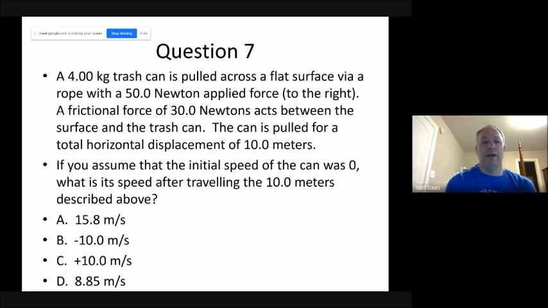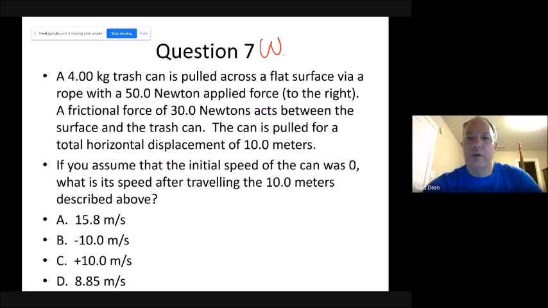So now we got another idea here. If you assume that the initial speed of the can was 0, what's its speed after traveling the 10 meters described above? This sounds like a really tricky problem, but this really goes back to the idea of the work energy equation.